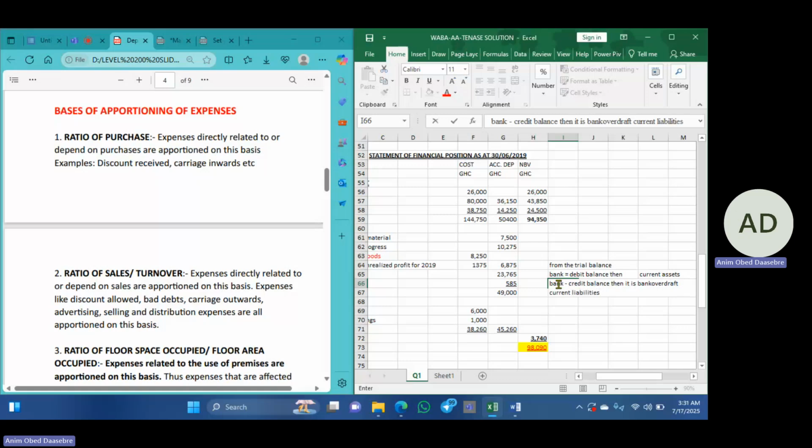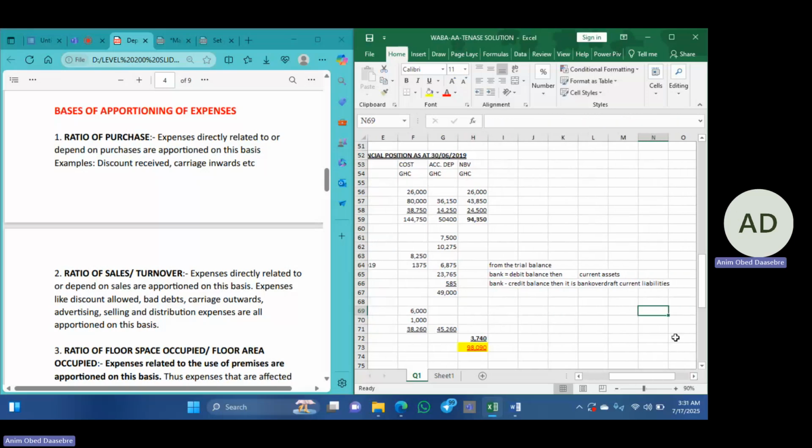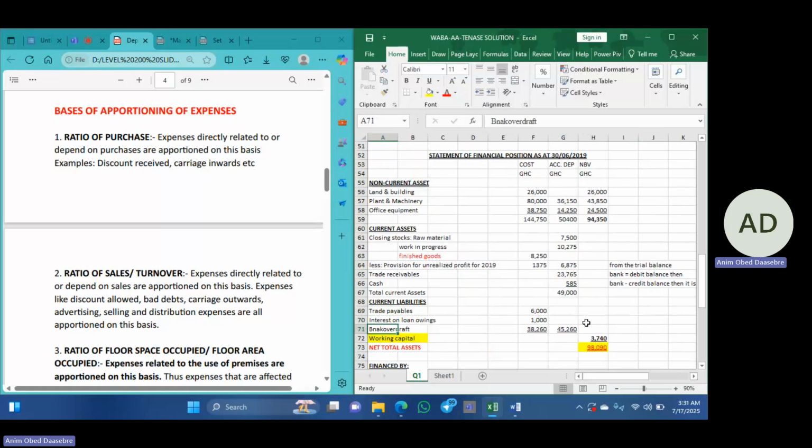You have overdrawn your bank account. So this is something that you also have to consider for the bank figure. If it is having a debit balance on the trial balance, it is a current asset. If it is having a credit balance, it's a current liability. So you should know where to put them, right?